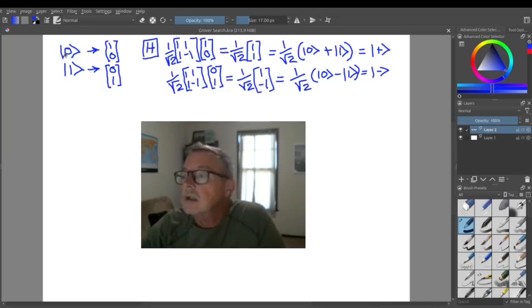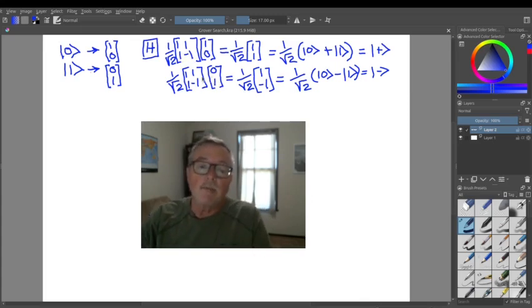Anyway, here you see qubit 0 and qubit 1, and those are represented by vectors 1 over 0 and 0 over 1. Now, the Hadamard gate is defined as 1 over square root of 2 times the matrix 1, 1, 1, minus 1. And you see I have a Hadamard gate acting on a 0 and a 1.